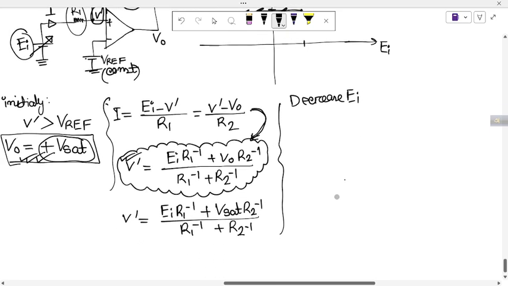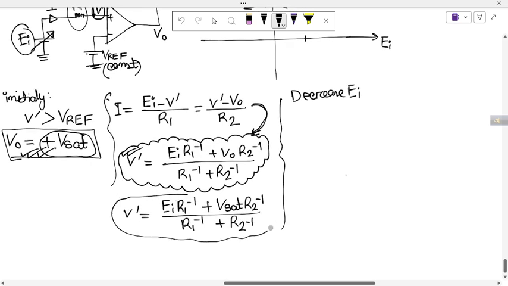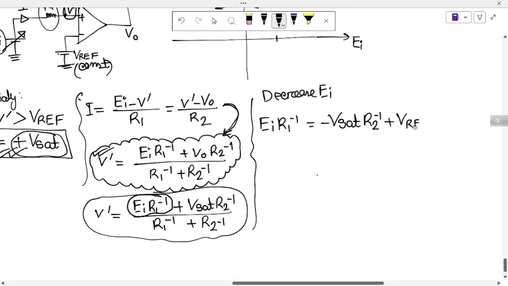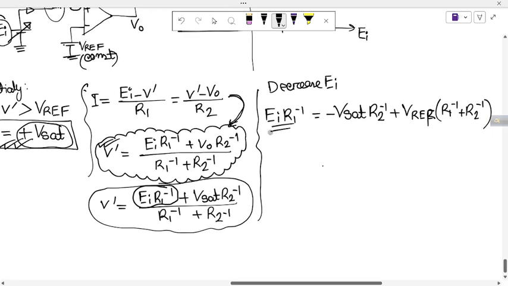So what will happen? We focus on this equation. We are decreasing EI, which means we are decreasing EI R1 inverse, and when EI R1 inverse is equal to minus Vsat R2 inverse plus V reference times R1 inverse plus R2 inverse, you will see V prime is equal to the reference voltage.